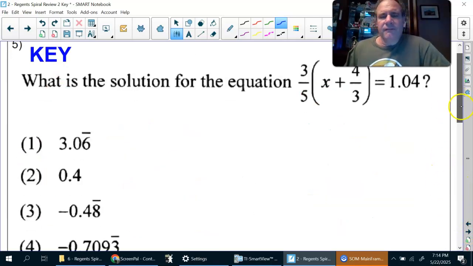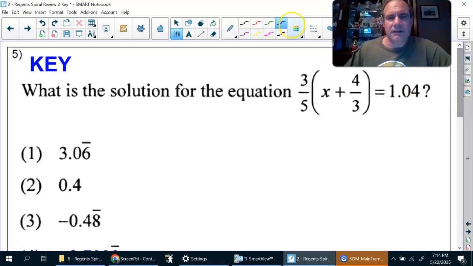For number 5, another distributive property deal here. Again, I'm going to rewrite 3/5. I need some space.